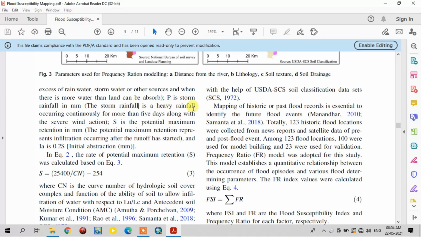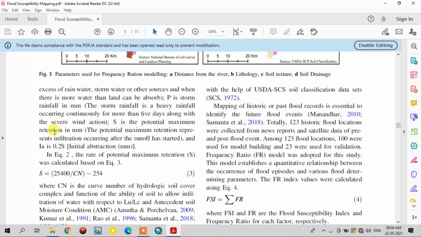The storm rainfall is a heavy rainfall occurring continuously for more than 5 days along with a severe wind action. We need to take 5 days rainfall for this study.